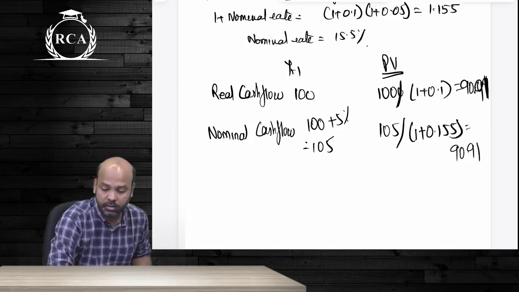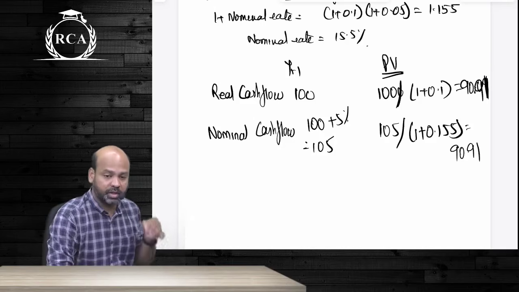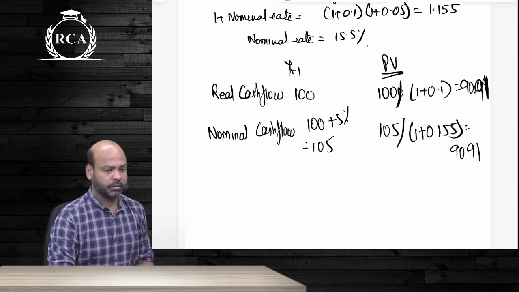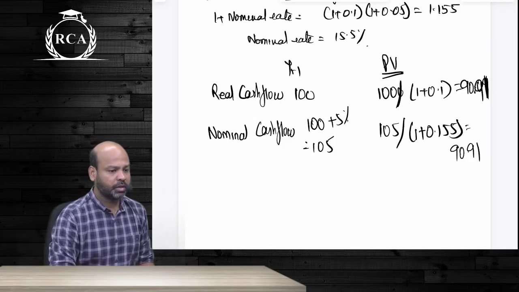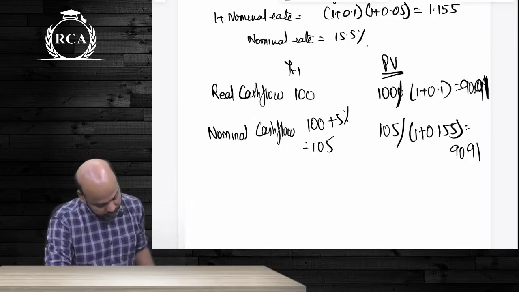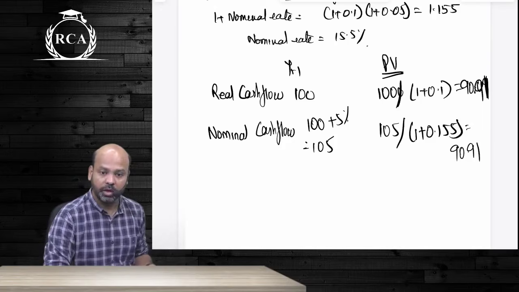Next line. Depreciation is an apportionment of historical cost. Historical cost.